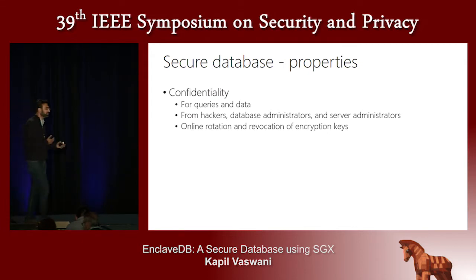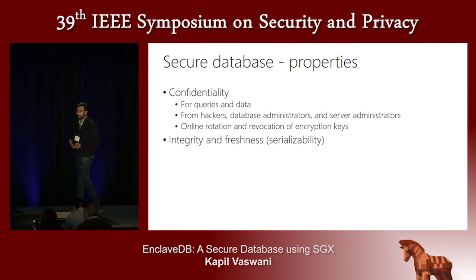To defend against attacks like insider attacks, we also want the database to support advanced security features like online rotation and revocation of encryption keys. But beyond confidentiality, we also expect our databases to give us integrity and freshness. This is extremely important in applications like online voting and online auctions.